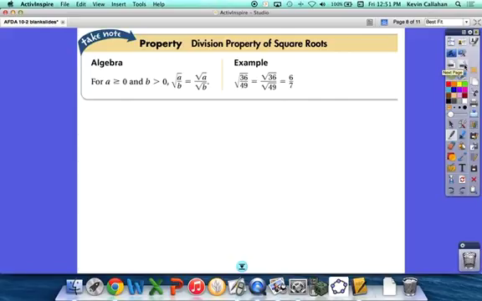Okay, then we can also do the same thing with fractions. If I have the square root of 36 over 49, I can split it up into the square root of 36 divided by the square root of 49, both of which happen to be perfect squares. So that's 6 over 7. In the first couple slides, we broke it into factors, and this time we're breaking it into a quotient, into two different radicals.